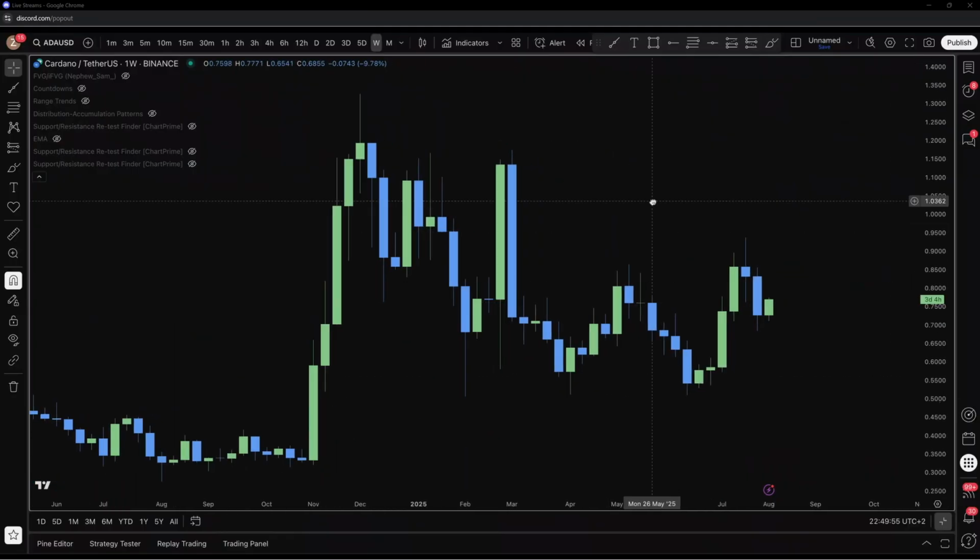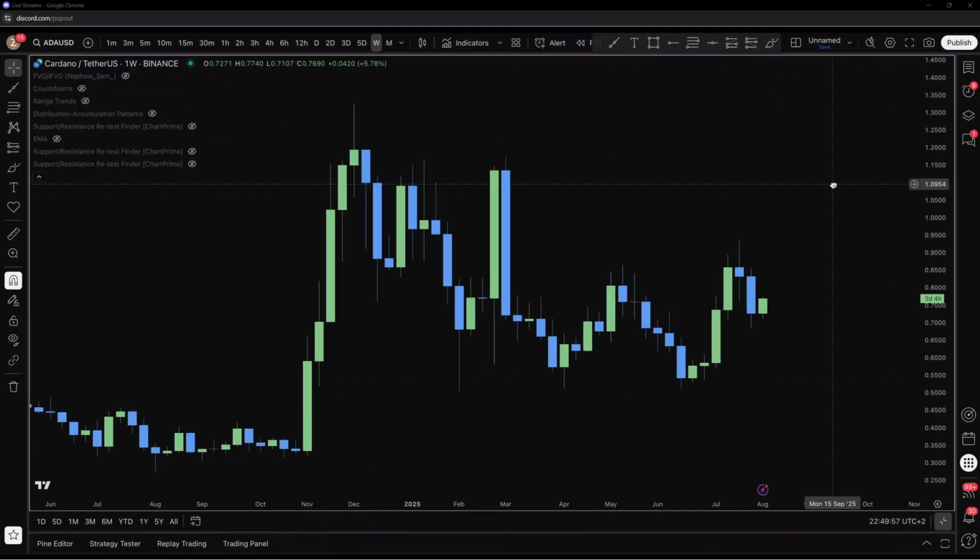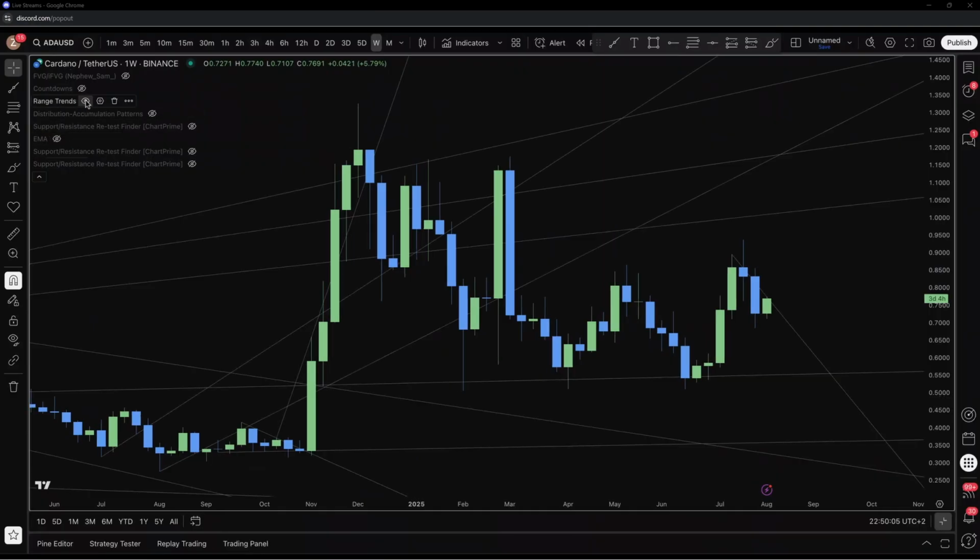Someone mentioned something in the chat. Just remember that when the range trends are horizontal, they are more parallel with the break levels. You want to expand on that a bit, Joy Boy? Yeah, so range trends are horizontal and more parallel with the break levels.